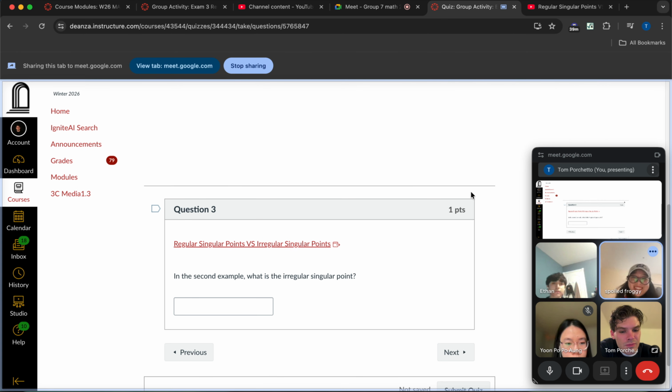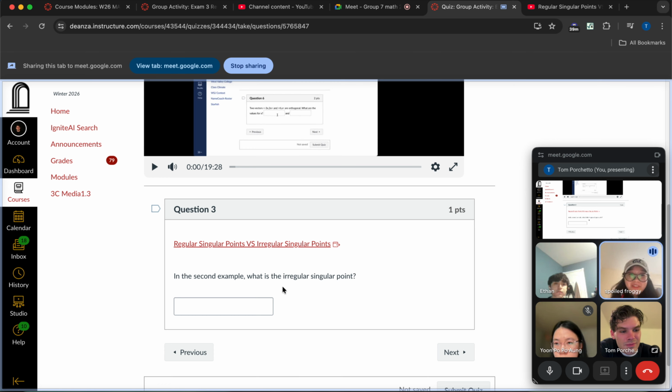It's already given in the YouTube video. And in the second example, the irregular singular point is x equals 0, because the required limits do not exist. So that means it is an irregular singular point at that point. So it's x equals 0.